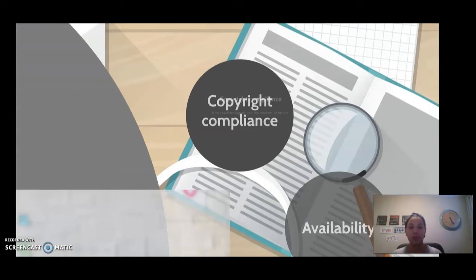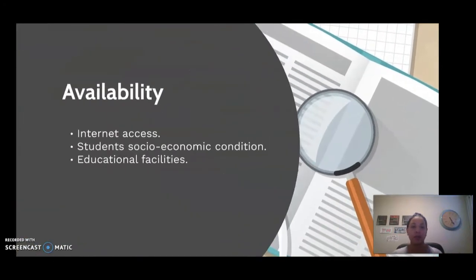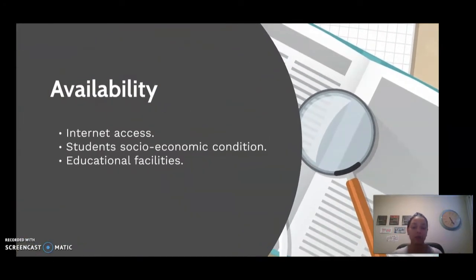Okay. And now availability. So availability is important because we need to know in advance before our class and before we create the material, especially for e-learning. So for example, if I create some e-learning material at school, I would like to work at the computers lab, right? But let's say that the computers lab in my school doesn't have internet access.